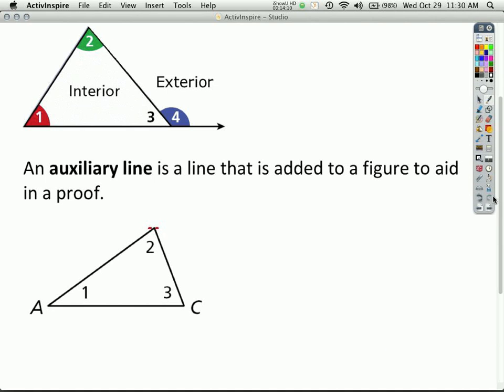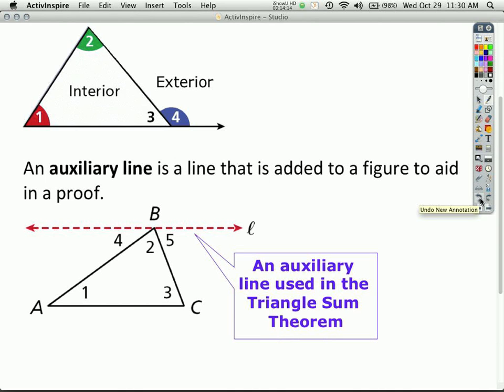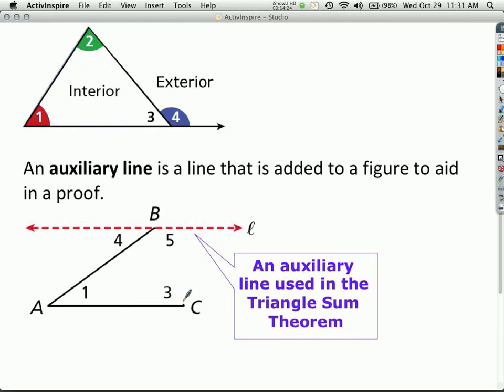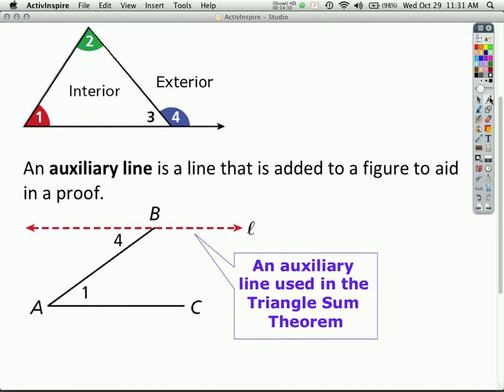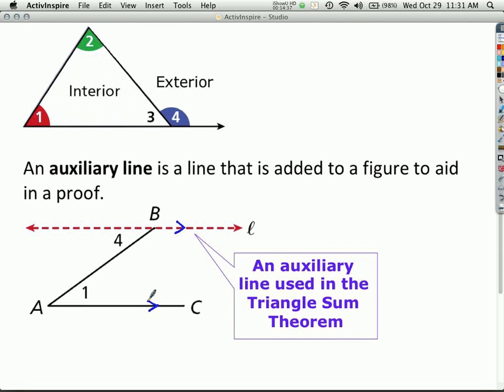But when I add the auxiliary line, all of a sudden we've got two more angles labeled. And now watch this. Watch what happens when I take out this and this. An auxiliary line, if you draw it correctly, is parallel to part of the figure.